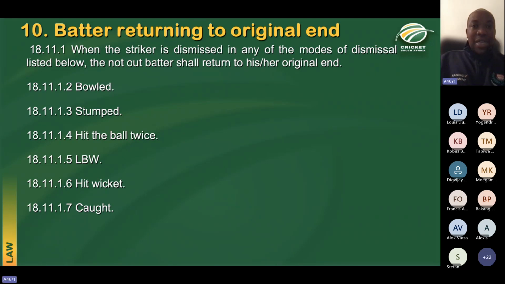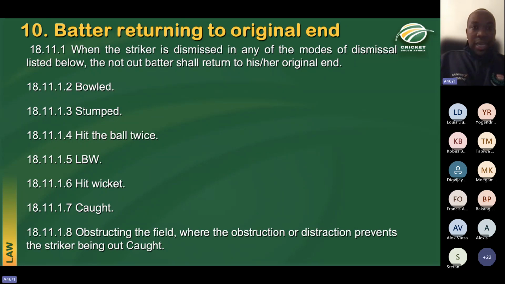This revised law tells us that the non-striker should go back to his or her original end. So the new incoming batter will always be on strike if a batter is out caught, unless, of course, it was the last ball of the over, in which case the first ball of the new over will be bowled to the non-striker of the previous over.